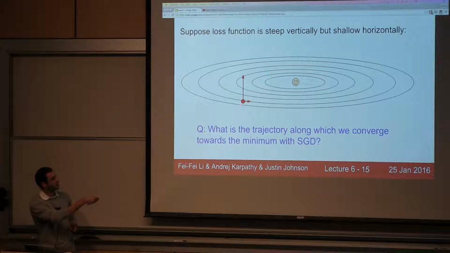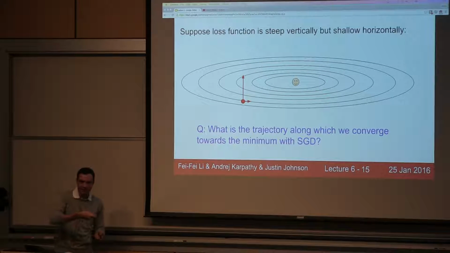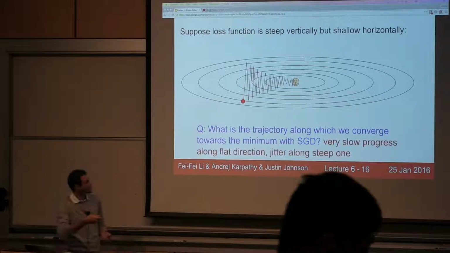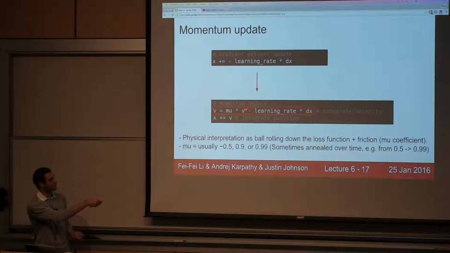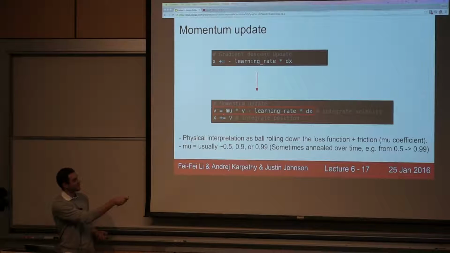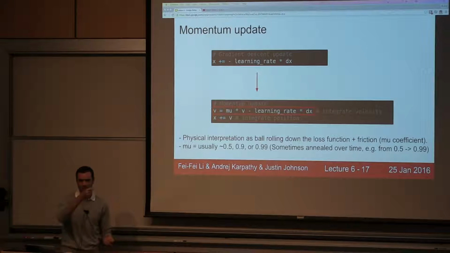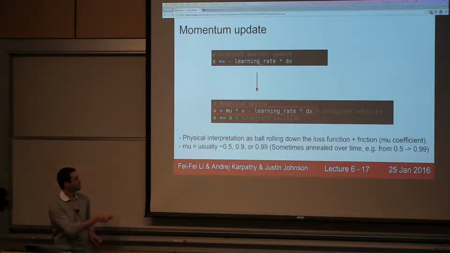Instead of directly integrating the position, since F equals ma in physics, force is equivalent to acceleration, so acceleration is what we're computing, and the velocity gets integrated by the acceleration. Then mu times v has the interpretation of friction, because at every single iteration we're slightly slowing down. Intuitively, if this mu times v was not there, the ball would never come to rest because it would just jiggle around the loss surface forever, with no loss of energy, and it would never settle at the end of a loss function. And so that's the momentum update.